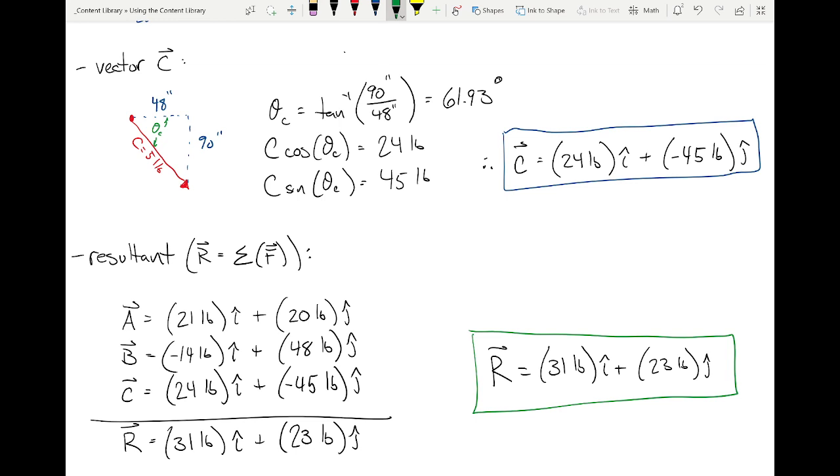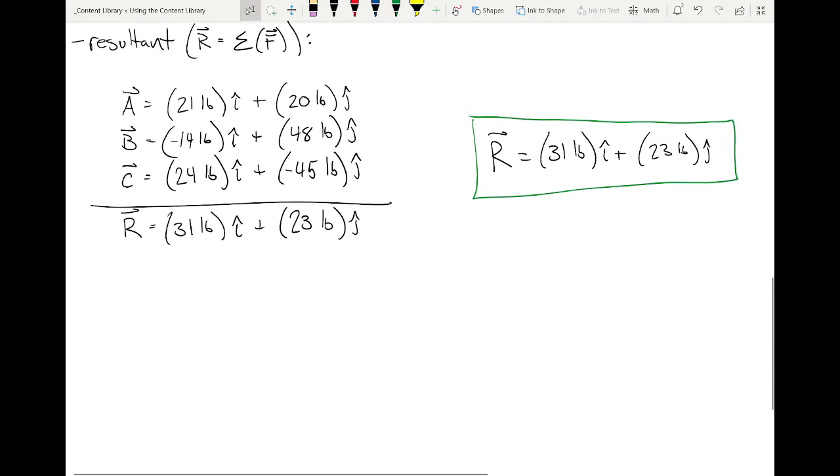But there's another added advantage to writing it this way, and it goes back to what I said before. How do you determine the magnitude of that vector? The Pythagorean theorem. Let's do that. Let's look at the magnitude and direction.